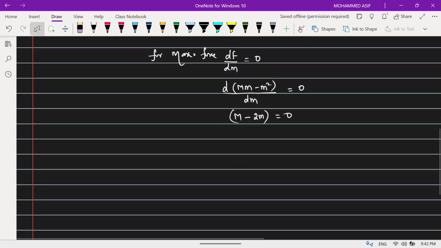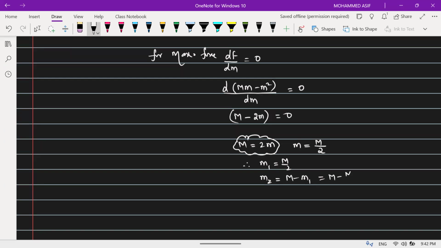So capital M will be equal to 2 times m. From this, I got the condition that small m will be equal to capital M divided by 2. So therefore, if M1 is equal to M by 2, M2 will be equal to capital M minus M1, that is capital M minus M by 2, which is also M by 2.